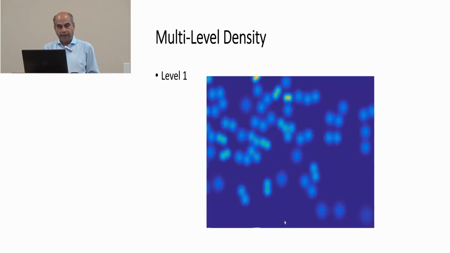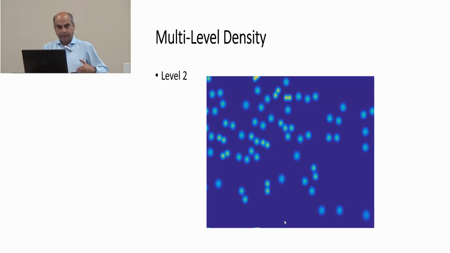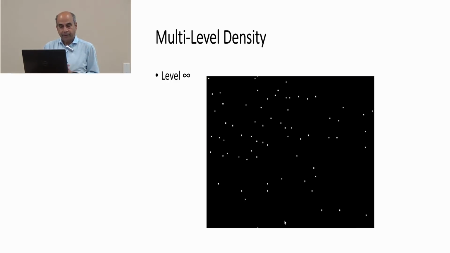This is a very high Gaussian, then we decrease and decrease further, and then this is the actual point localization. This level we call the inverse of the standard deviation.